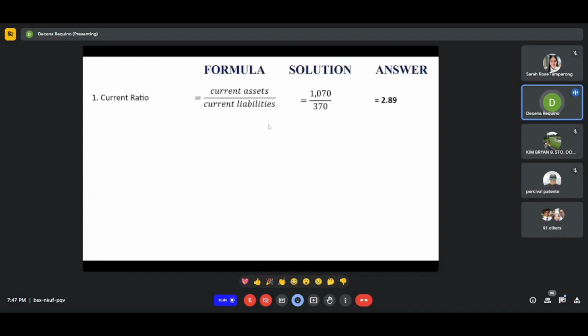So ang sagot, pag ang tanong is yung current ratio, 2.89. Sa acid test ratio naman, ang formula niya is quick assets over current liability.